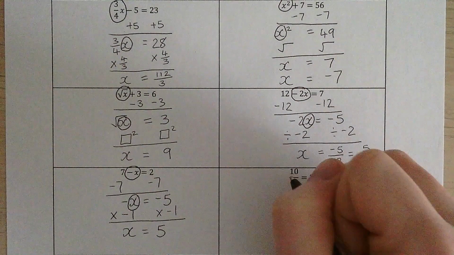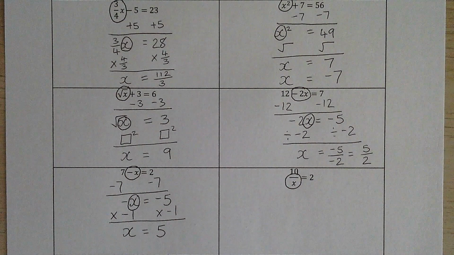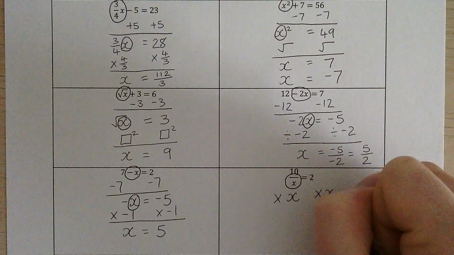So I am looking at this divide by x term, and I need to undo that step. To undo divide by x, we are going to times by x on both sides of the equation.